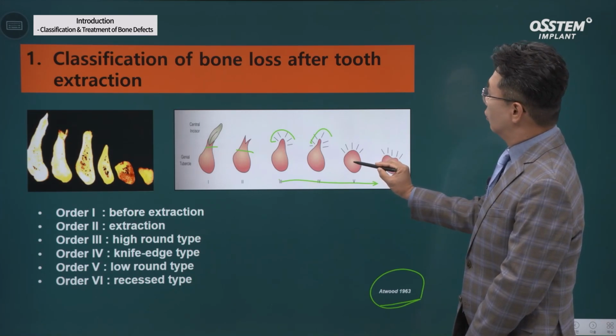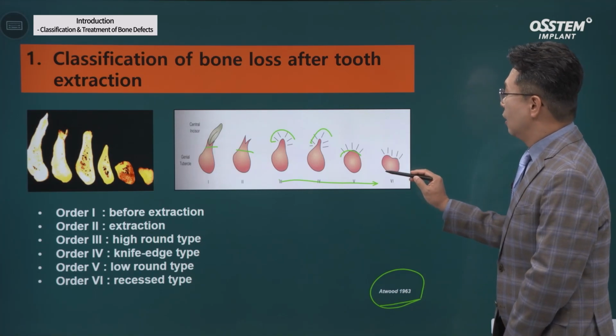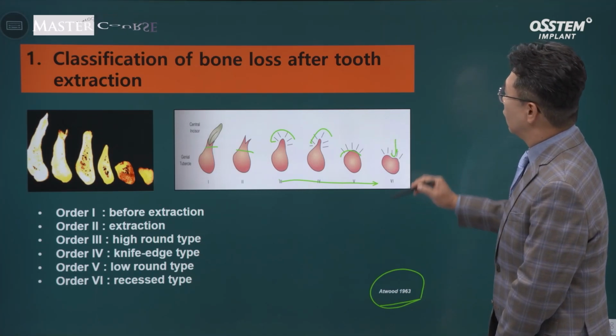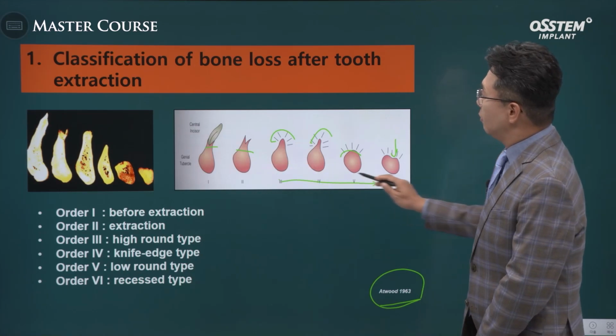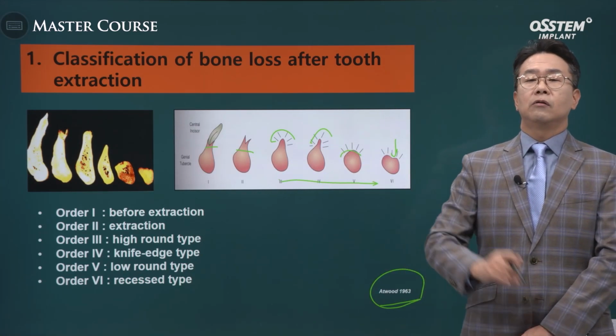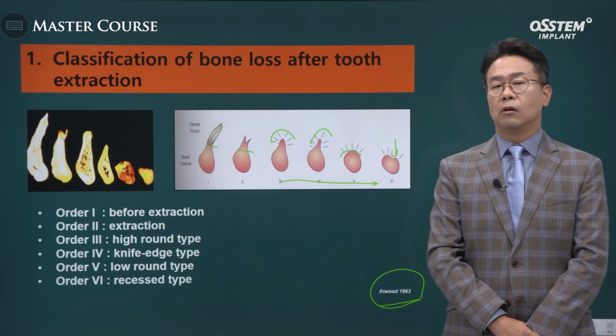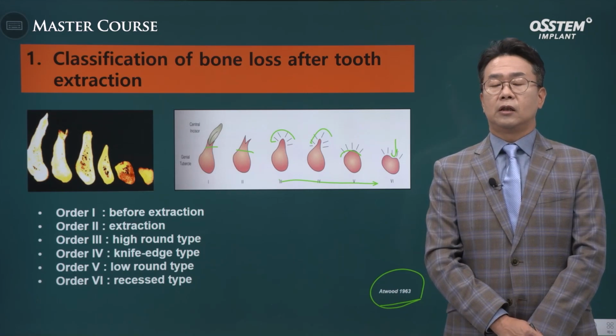This is a situation where basal bone resorption has occurred as well, and this is followed by the recessed type. With time, these changes can be observed. We reference this classification commonly and we follow it.